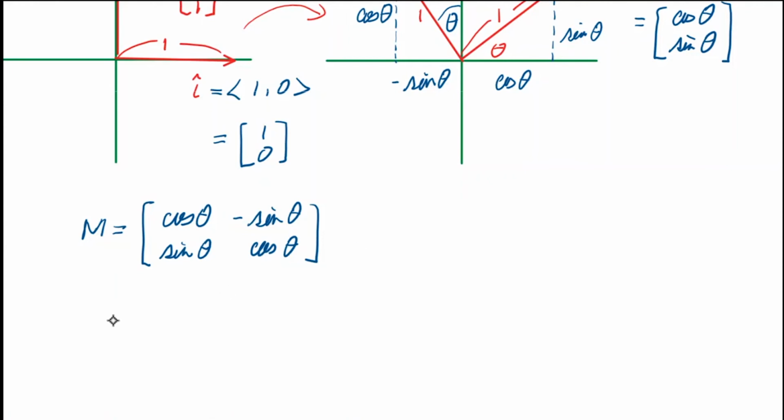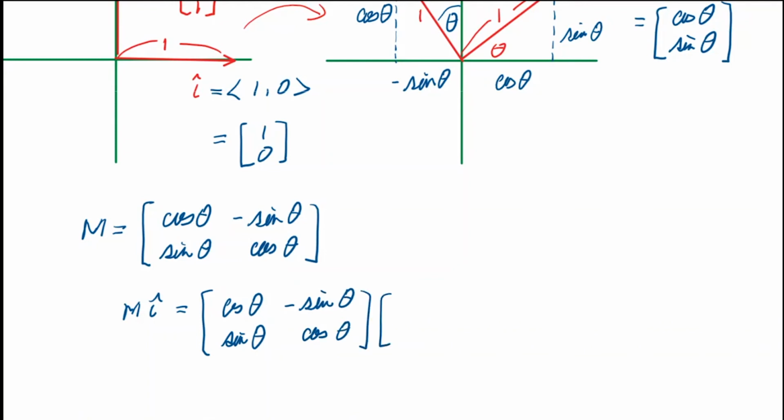So we'll check with M times I, right? Shall we? So what we have is cosine theta, sine theta, and this will explain why matrix multiplication is defined the way it is. Watch this. 1, 0, correct? Somebody multiply this matrix and tell me what you get. Oh, come on.